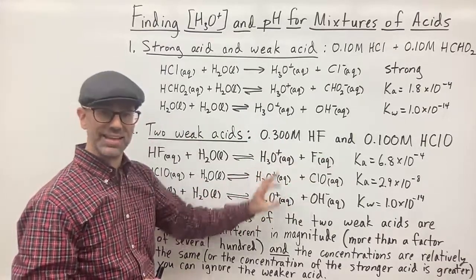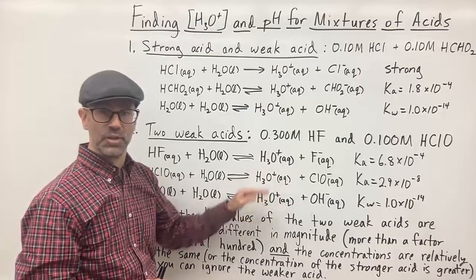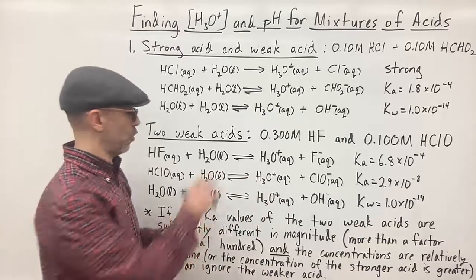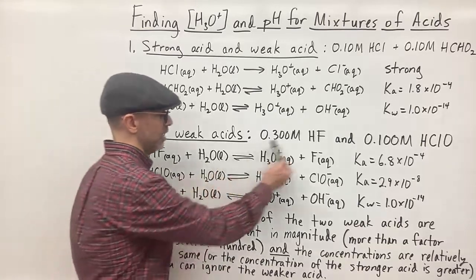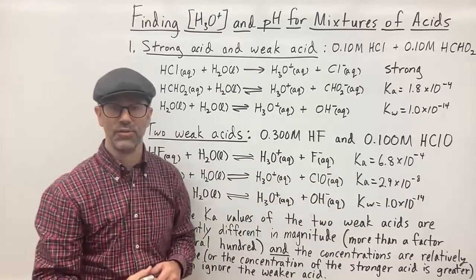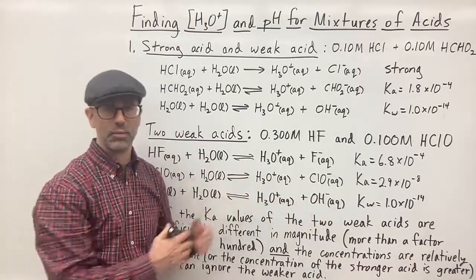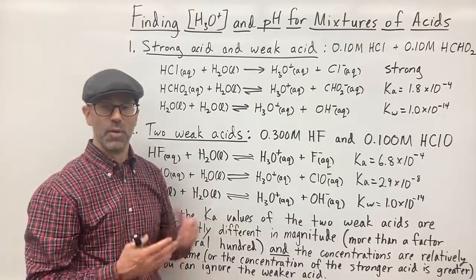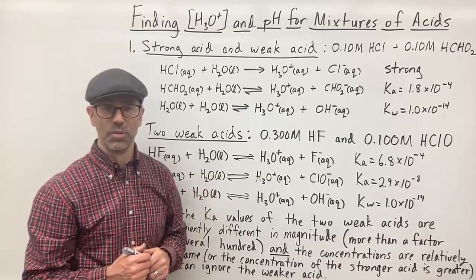And so even less H plus is going to come from these two. So even in this situation, we can ignore the other two and just focus on the H plus concentration formed from the weak acid. And so we can do our ICE table and then figure out what the H plus concentration is from our weak acid and then go from there.